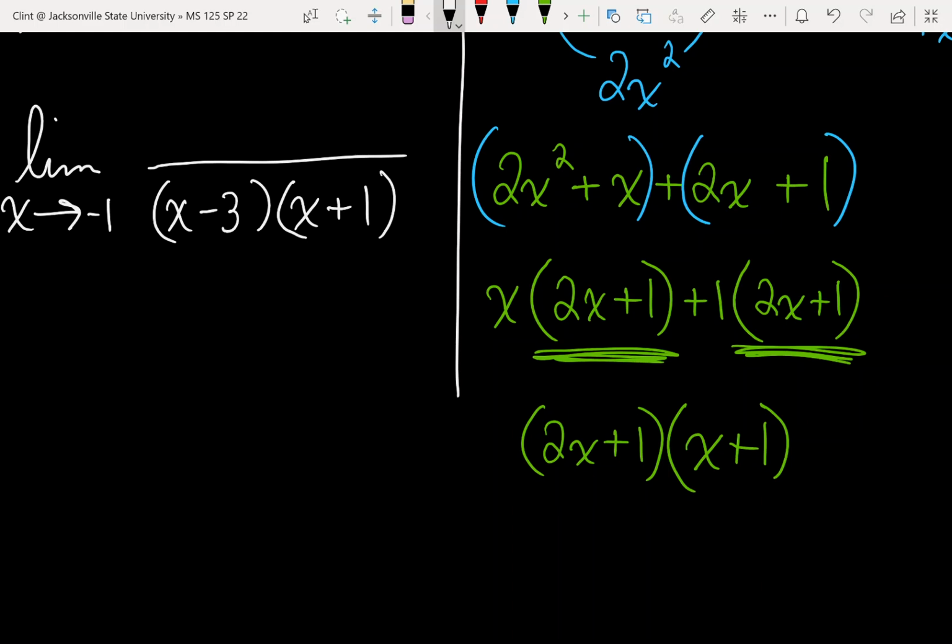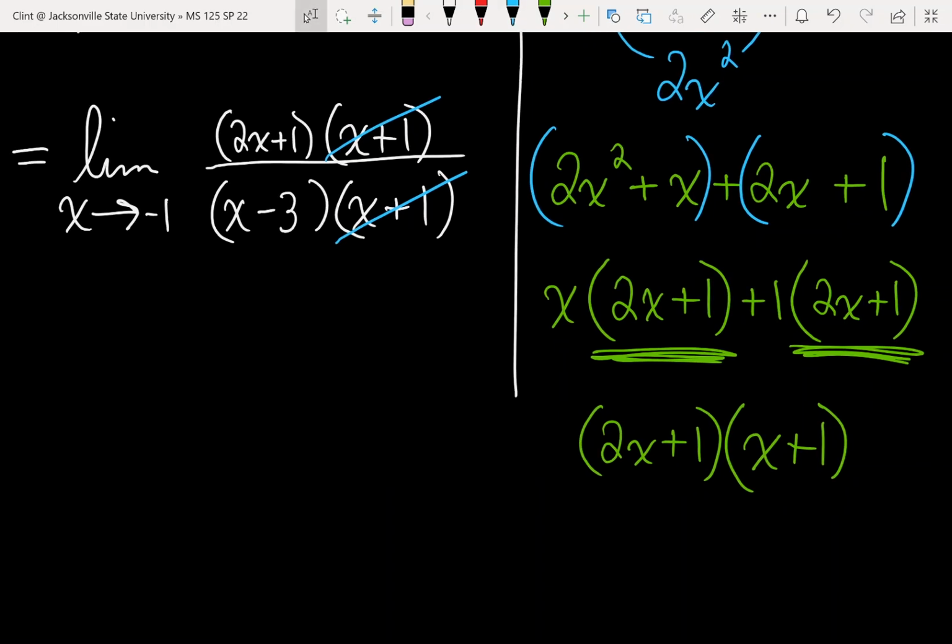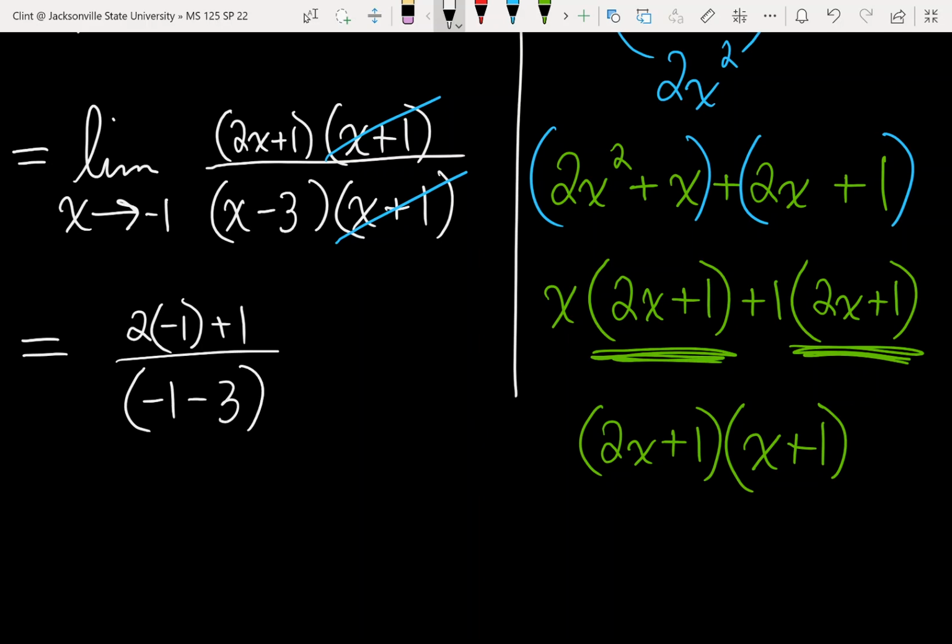Then factor: 2x plus 1, x plus 1. Got what we wanted to happen. The x plus 1s cancel out. That has solved our 0 in the denominator problem. Now we can just use direct substitution, or a little arithmetic.